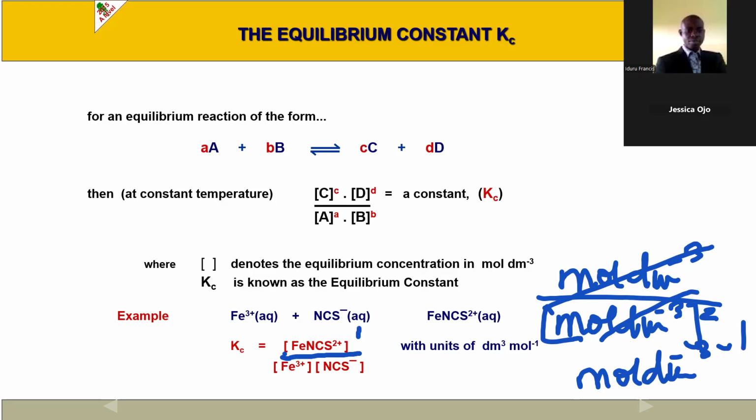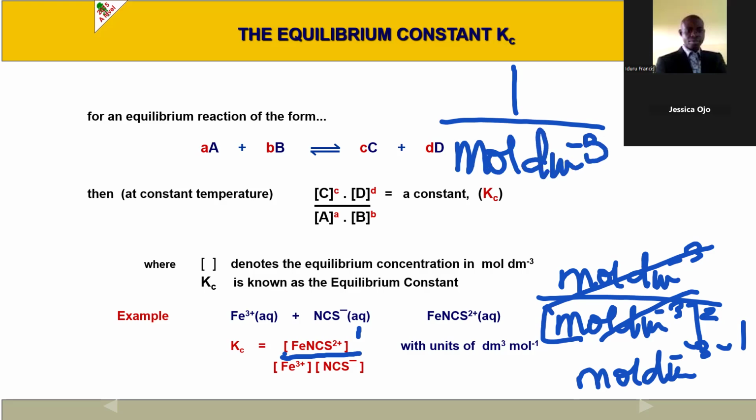So the per dm cube will become normal dm cube, then the mole will be to the power minus 1, because it's to power minus 1. So the mole will be mol to the power minus 1, and dm cube becomes normal dm cube. Is that okay like that? So they will test you on units. There is 1 mark on unit. It's very important.